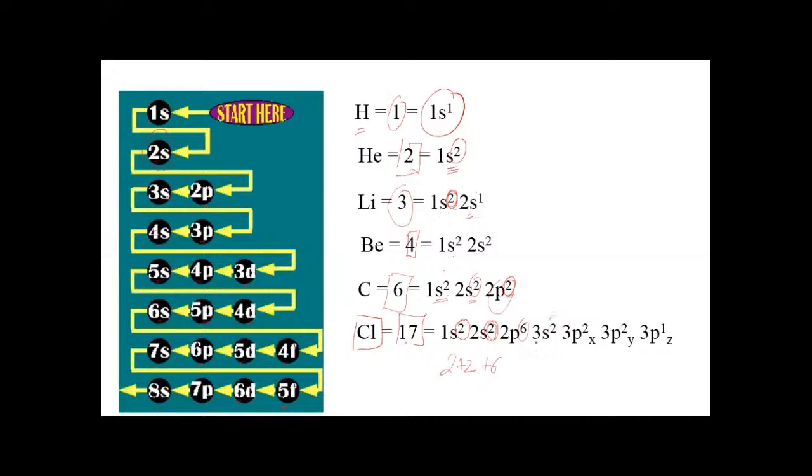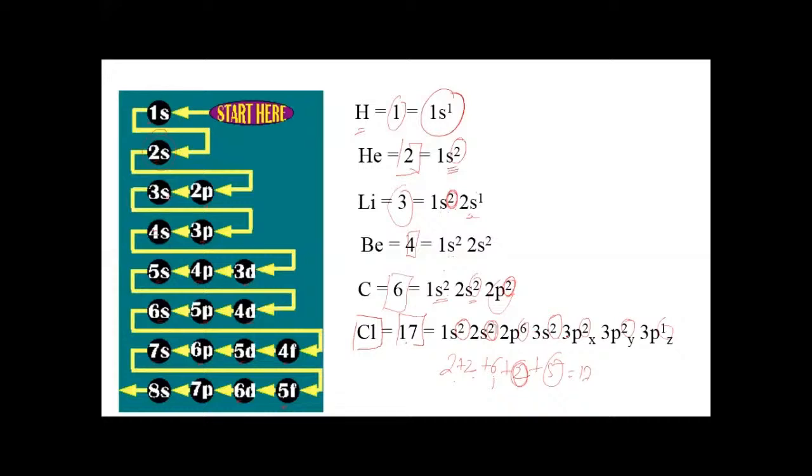How many can p occupy? 6. So there are 2, 4, and 1, 5. So we will make the sum total: 2, 2, 6, 10, 12, and 5, 17.